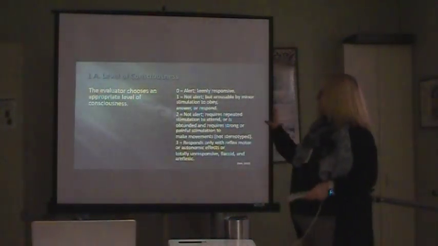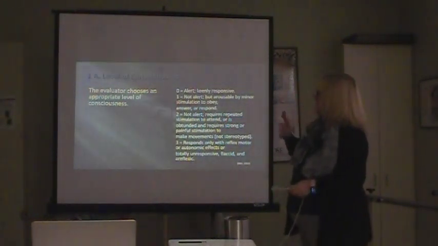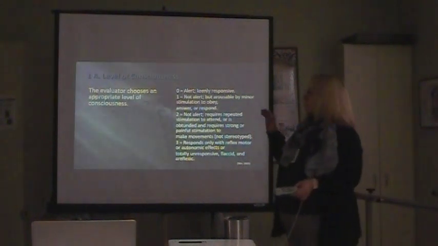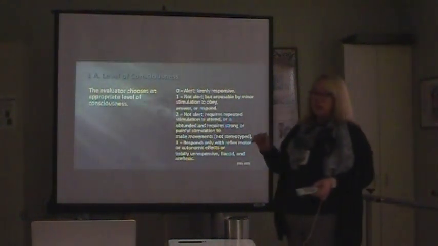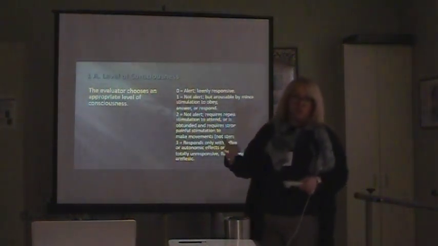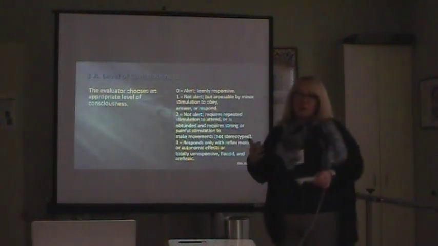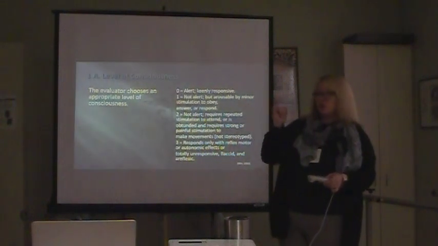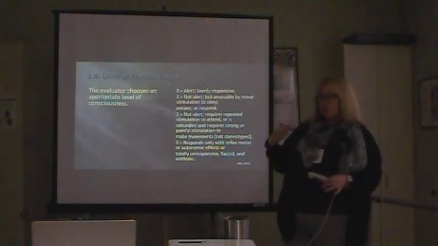So the very first section of the NIH is actually number 1, but it's broken down into 3 sections, okay? So it's 1A, B, and C, okay? So really, level 1, level of consciousness is just how alert is your patient when you come in the room. Are they bright-eyed and they notice that you came right in the room? Are they a little sluggish?